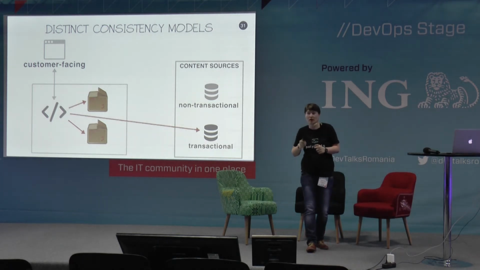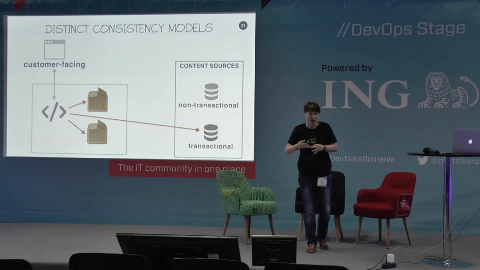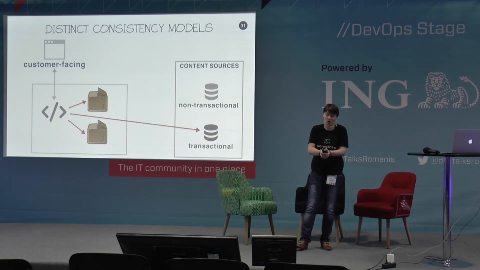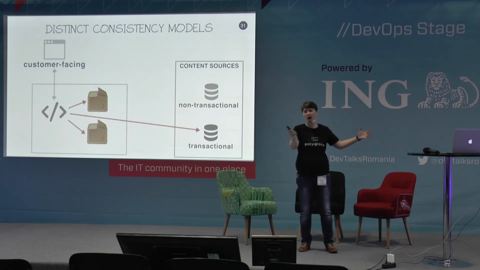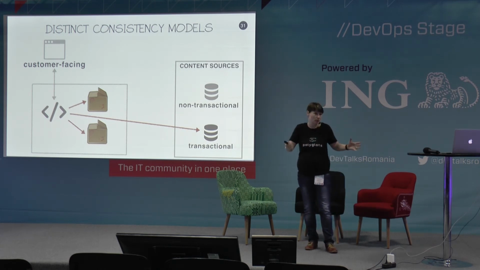And the trick is, in the CAP theorem, you have consistency, availability, and partition tolerance. You can have different models for each of your content partitions. So the content partitions that contain non-transactional information, you can work on the high availability part and everything, and you can distribute it as you want.